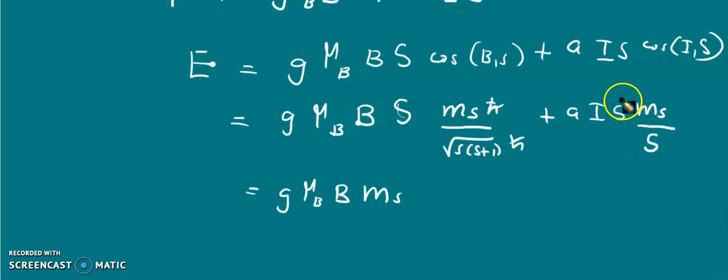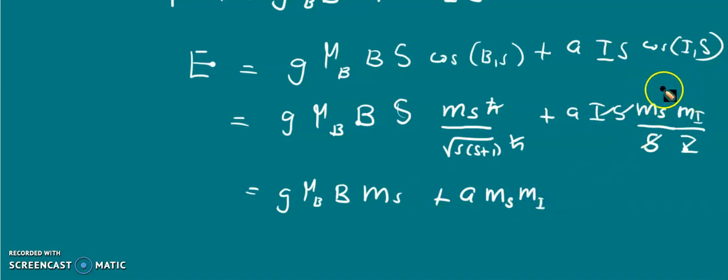We don't substitute this because this is already written as S over here. So this cancels, and here it is mi by I. So this S and I cancel, and we have A ms mi.